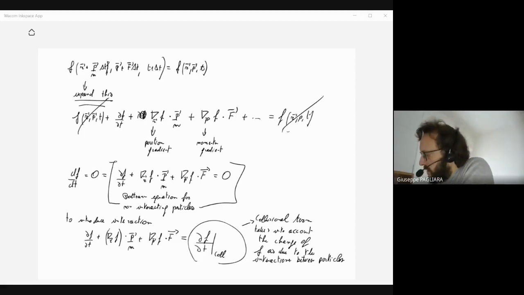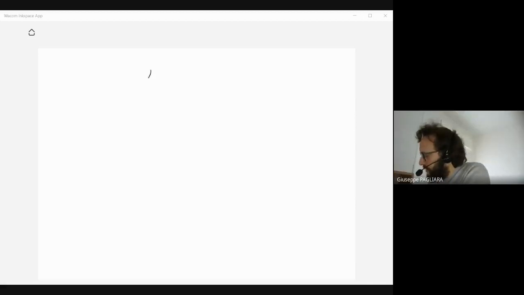Indeed, let's write df dt col as a sort of difference of rates.